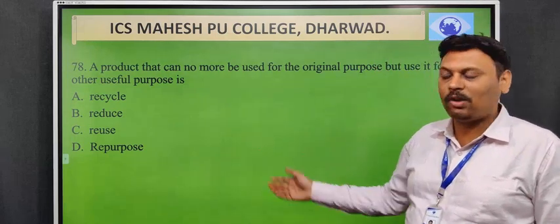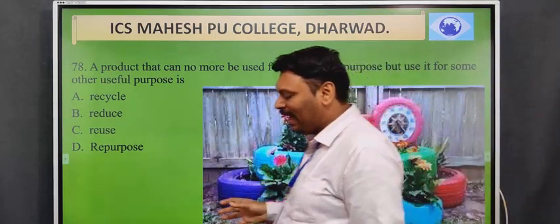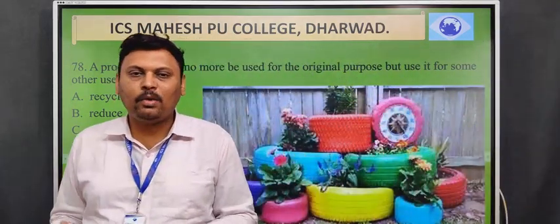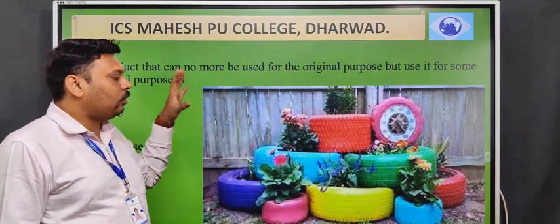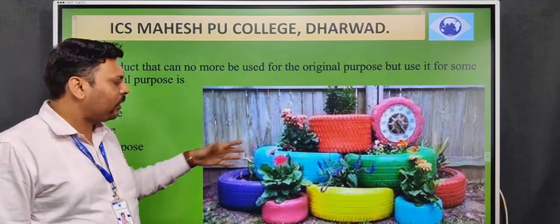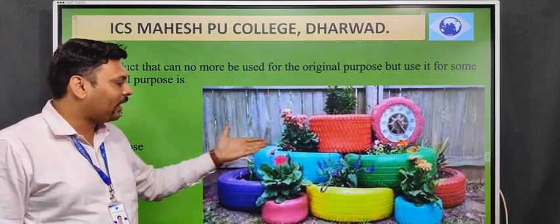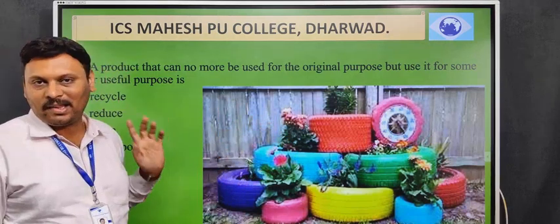The right answer for this one is repurpose, as we can use the materials for different purposes, which are not their original purpose. Here we have a wonderful picture where tires are used. This kind of usage we call repurpose.